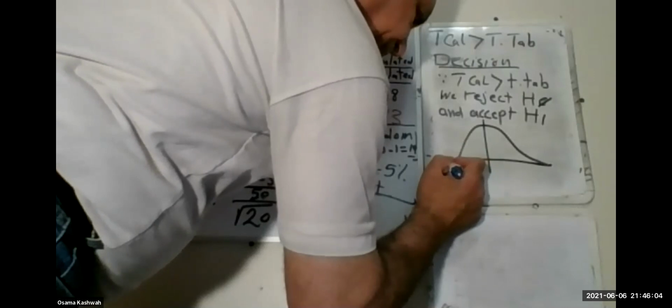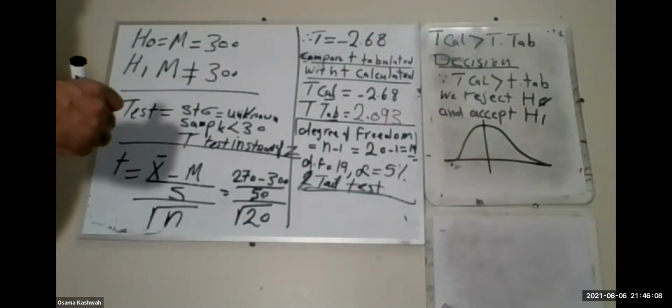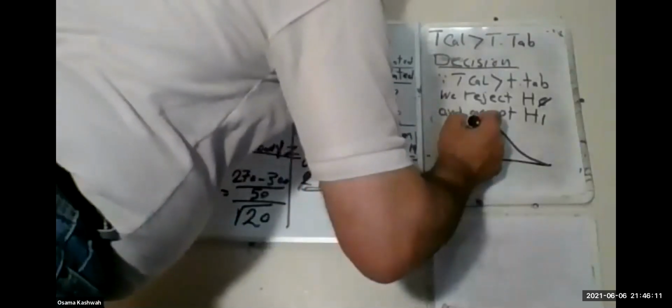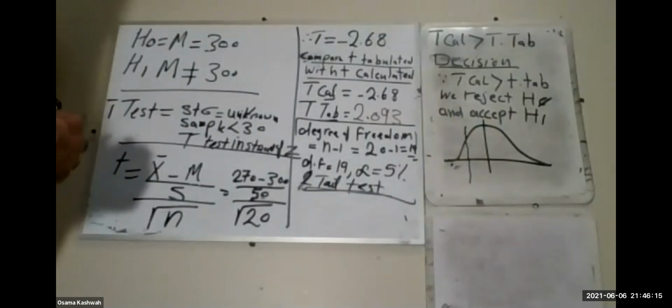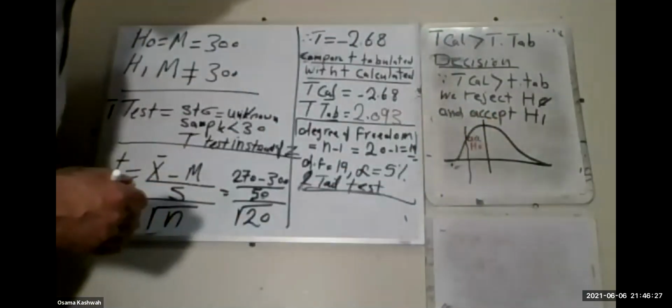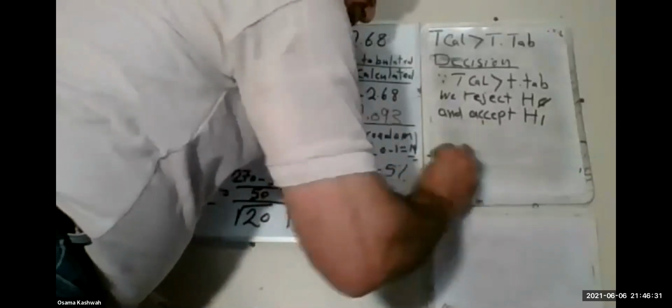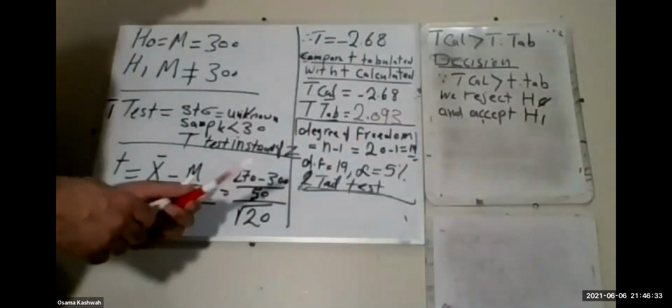As an example, it will be out of the area. The area of acceptance for us is here, for accepting H0. Let me make it larger so everyone can see.